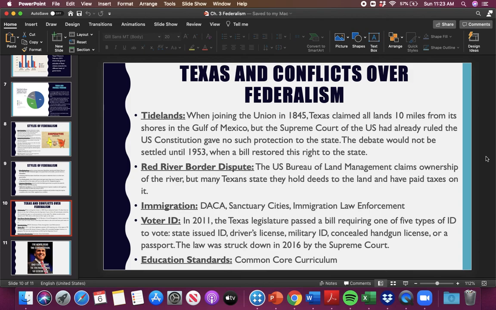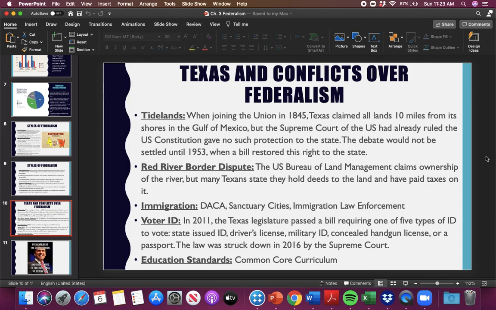Immigration is one that we still deal with today. Texas clashes with the federal government quite a bit. Even within the state, a lot of our big cities like Dallas and Houston and San Antonio and Austin have declared themselves sanctuary cities.